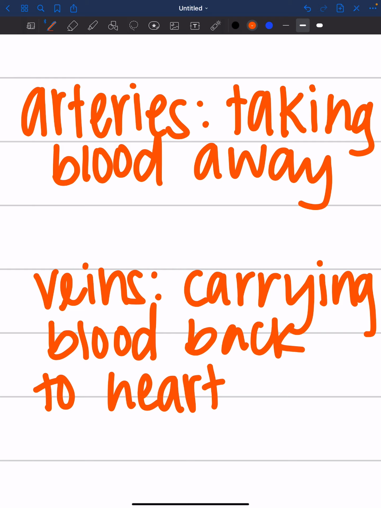But remember the arteries, because they could ask what takes blood away from the heart. It probably wouldn't be as simple as that, but there could be a bunch of different options, and they could say the veins take blood away from the heart, and then the arteries carry blood back to the heart. That's not true. It's the other way around.